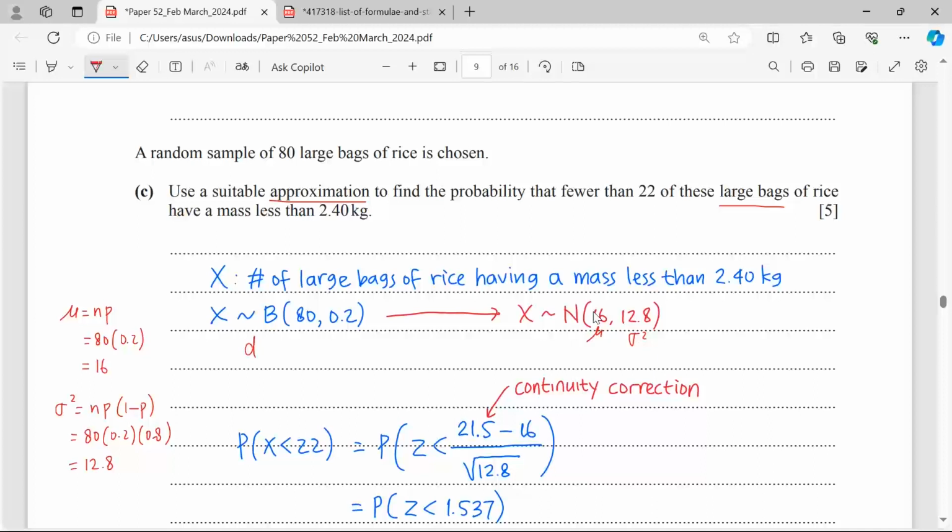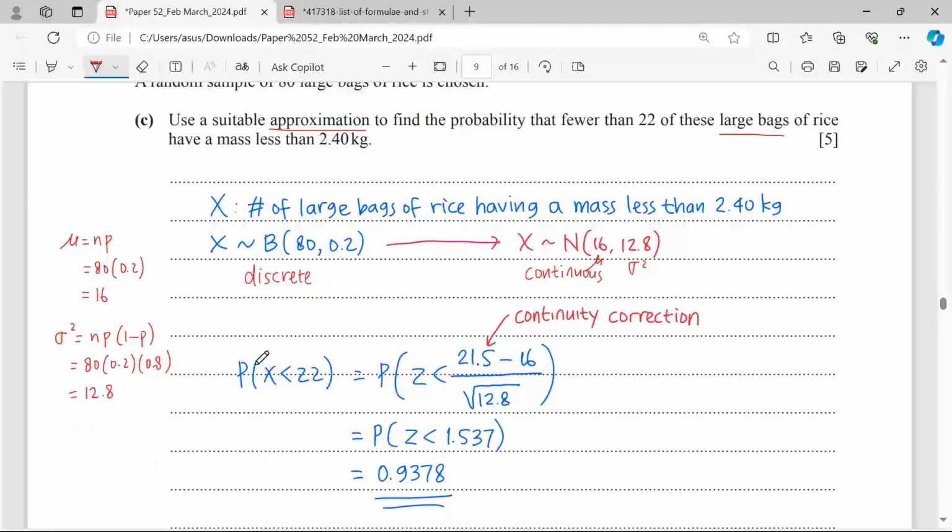Yeah, remember originally we have a discrete distribution. Now we have a continuous distribution. So from discrete to continuous, you have to do the continuity correction. And don't forget to do the continuity correction. How to do that? Originally we would like to find probability x is less than 22.